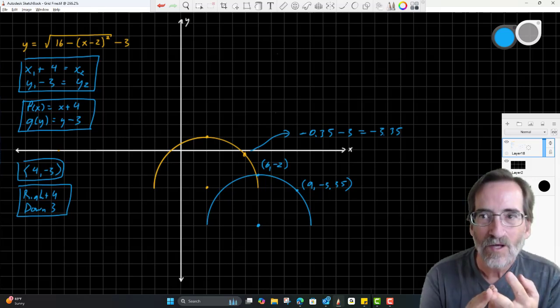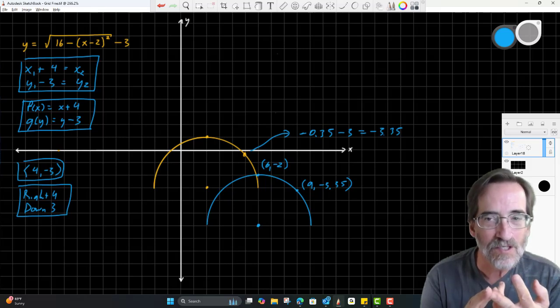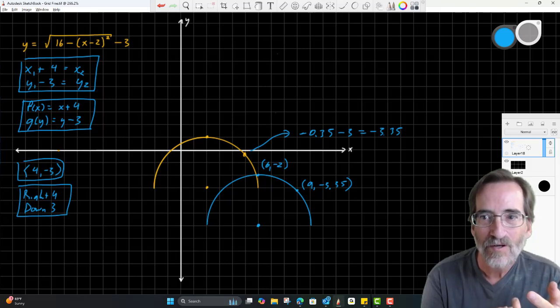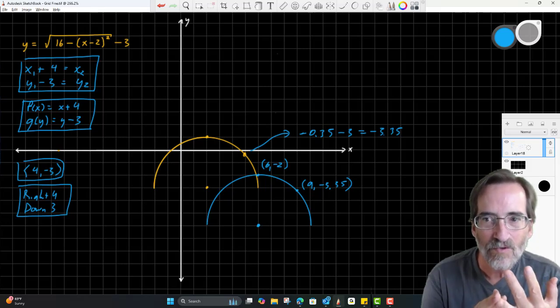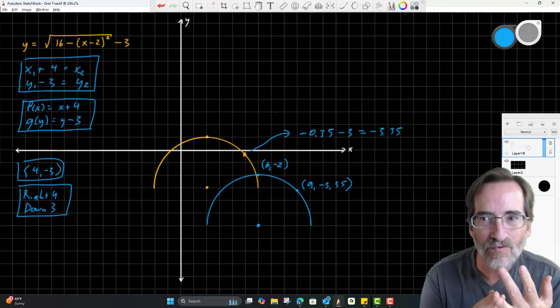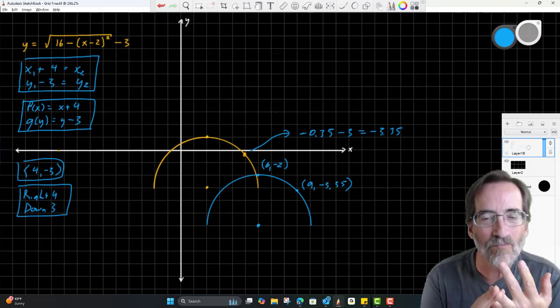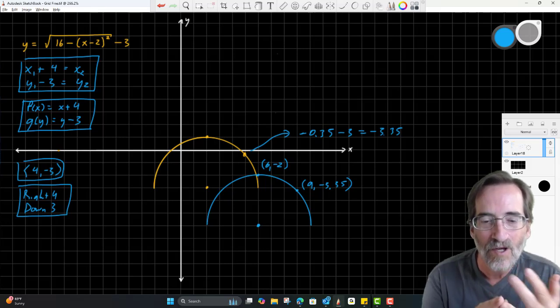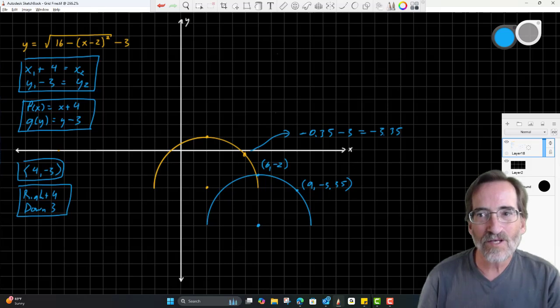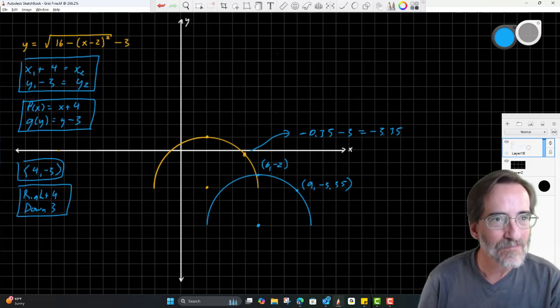Function, f of x equals x plus h, g of y equals y plus k. Vector in pointy brackets, where the first number is the number right and the second number is the number down. And verbal description, right 4 and down 3. And really, that's what this lesson is about, in my opinion.